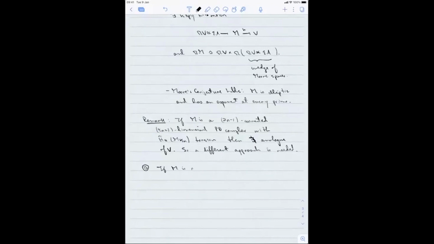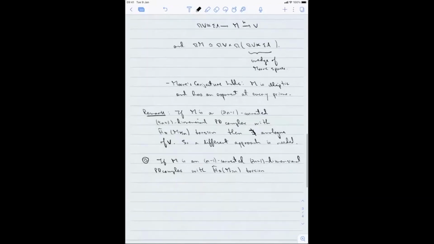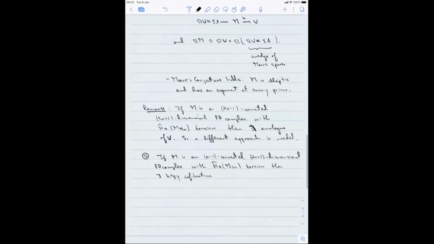If M is an n minus 1 connected, 2n plus 1 dimensional Poincaré duality complex whose 2n skeleton has cohomology that's just torsion, then there's a homotopy cofibration that expresses the attaching map for the top cell. In the middle dimensions, you just have a wedge of Moore spaces.